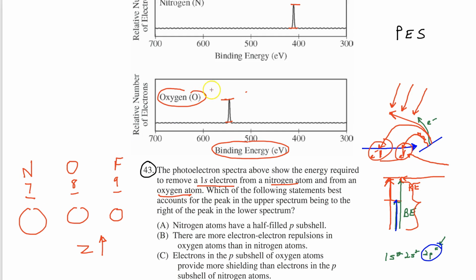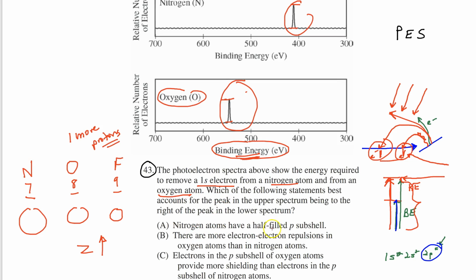So the reason why oxygen has a greater binding energy for its 1s electron than nitrogen is because oxygen has one more proton. It's Coulomb's law, isn't it? Having one more proton means it has a greater positive charge, and therefore it holds on to those electrons much more tightly. Therefore you need more energy to remove them.